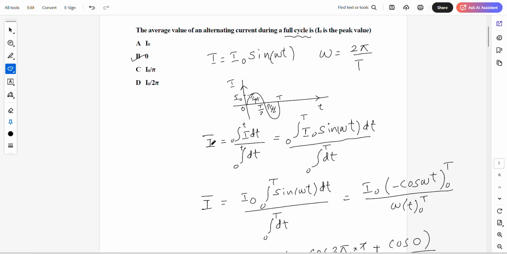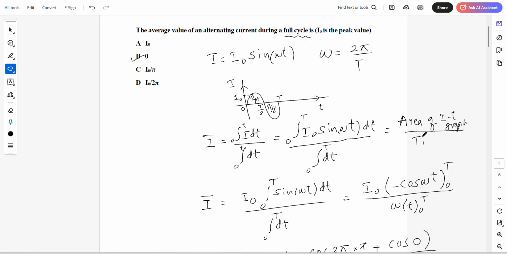Now, what is the average value? The average value of an alternating current is given by integral of I dt from 0 to T divided by integral of dt from 0 to T. That is nothing but the area of the I-t graph divided by time.